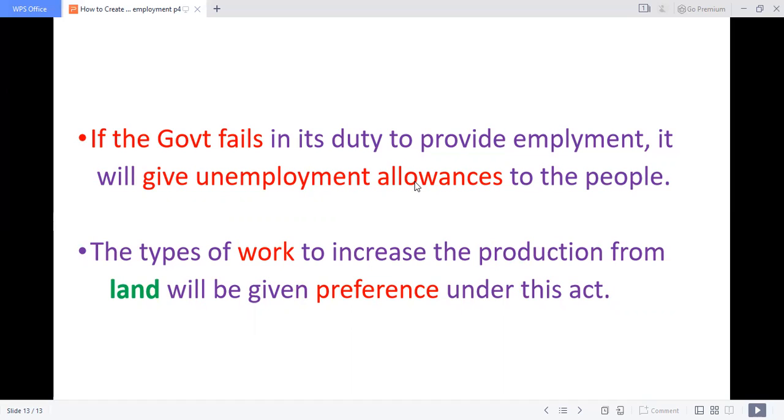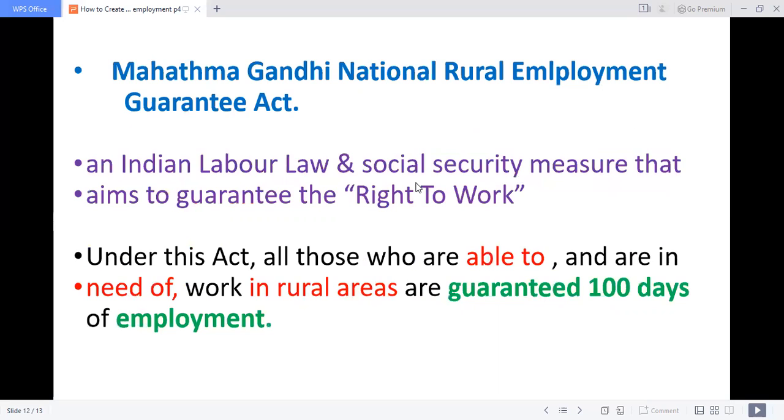For example, if a person is not provided employment under this MNREGA for 10 days or 1 month, we have seen that it has been implemented according to the right to work, which is a fundamental right. Fundamental rights cannot be denied by anyone.